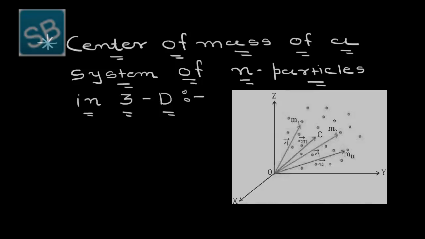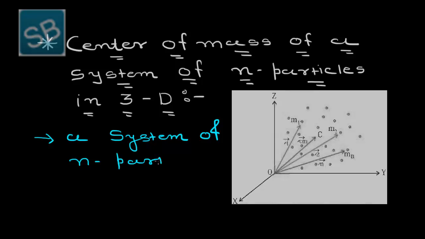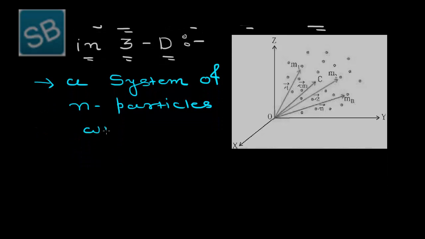Now we can clearly see from the figure that this is the system of n particles with the masses m1, m2 up to mn. So what it means? The first particle is having mass m1, the second particle is having mass m2, and the nth particle is having mass mn.